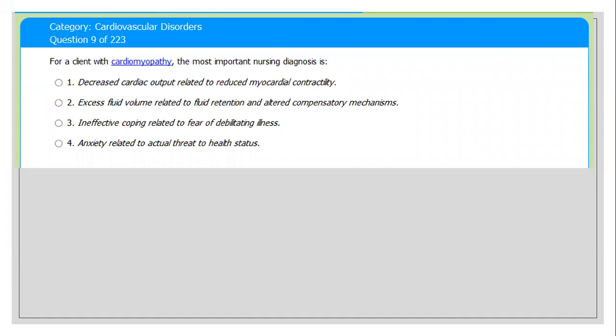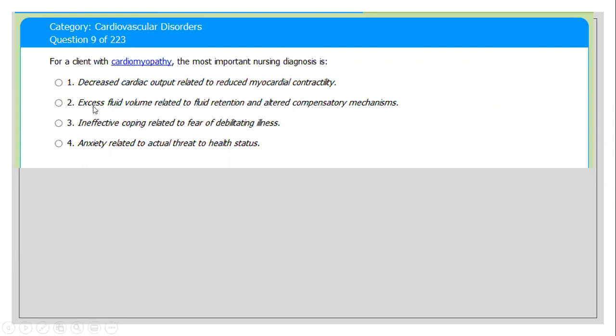As I told you, it is an inherited disease of the heart muscle, which makes it difficult for the heart to pump blood to the other parts of the body. So for cardiomyopathy, the most important nursing diagnosis. Number one, decreased cardiac output related to reduced myocardial contractility.